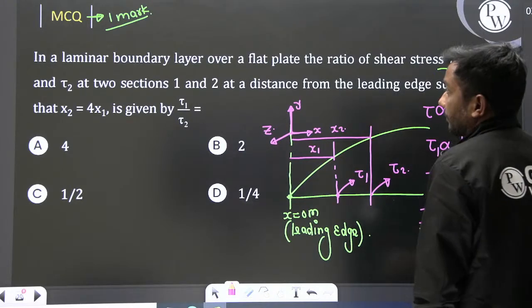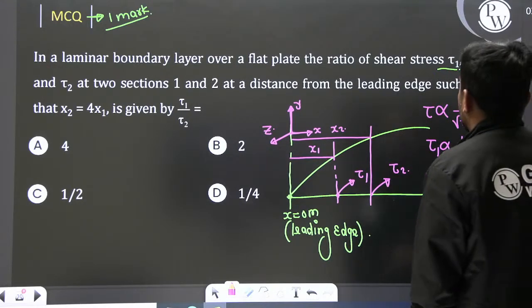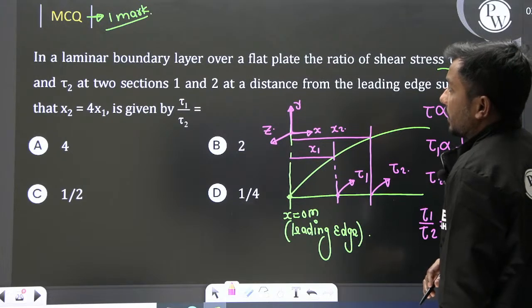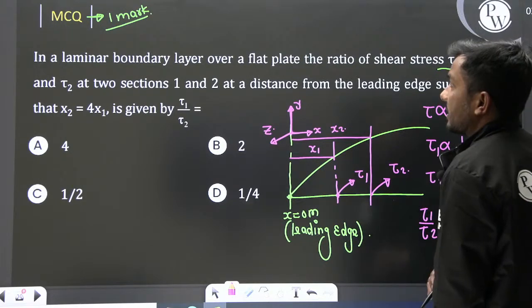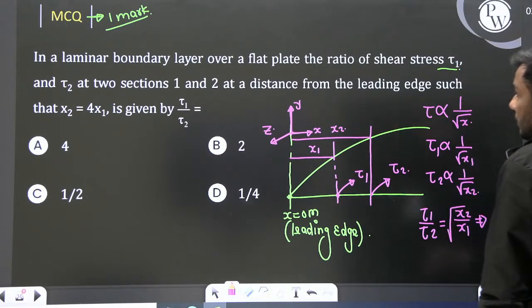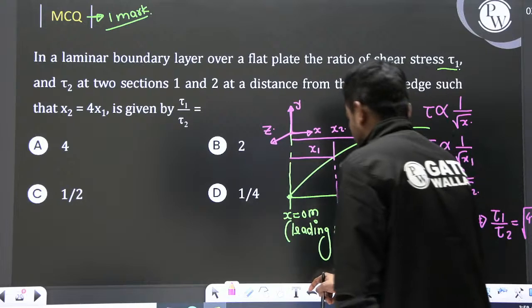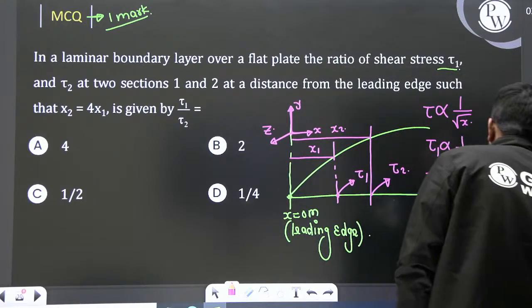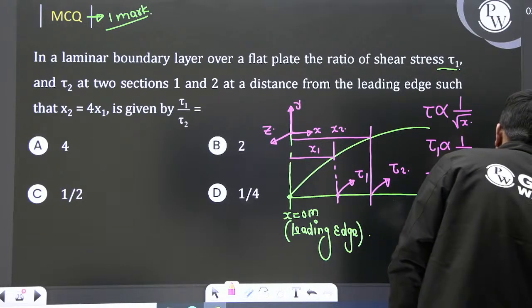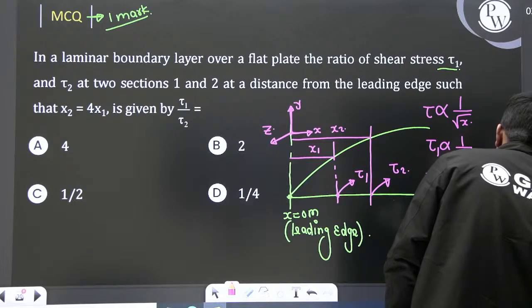Then what they are saying, tau 1 and tau 2 at sections 1 and 2 at a distance from the leading edge such that x2 is equal to 4 times x1. So simply you can say that tau 1 by tau 2 is under root 4 times x1 divided by x1.